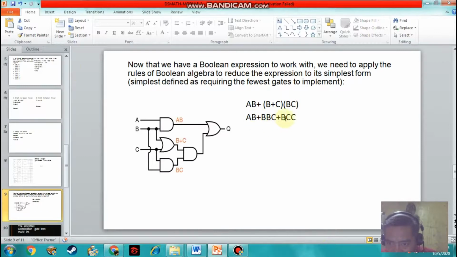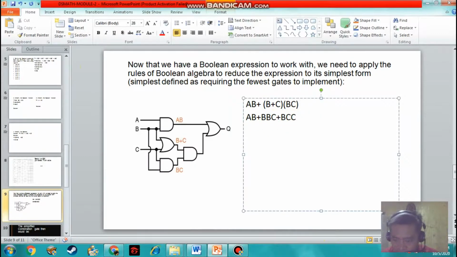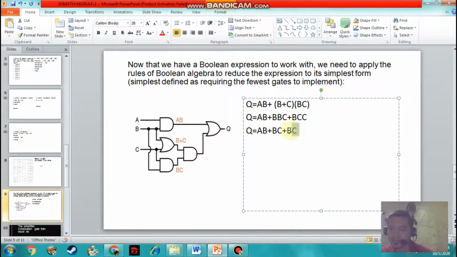Yan. So, ibig sabihin, equal sign. So, ang output ay Q. Q is equal to, yan. So, AB, ano to? Plus, sabi ng B na lang yan, times C. Sabi ng C na lang yan. So, B times C. Uy, pareho. Diba?